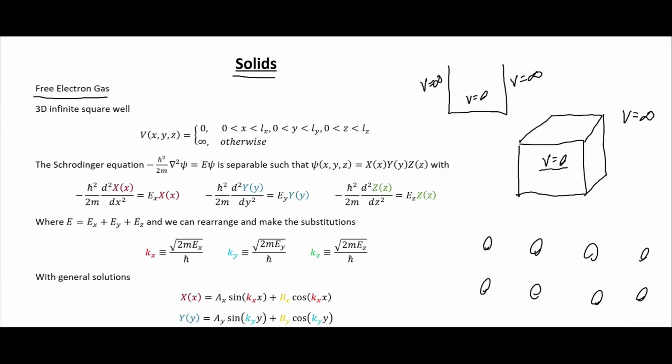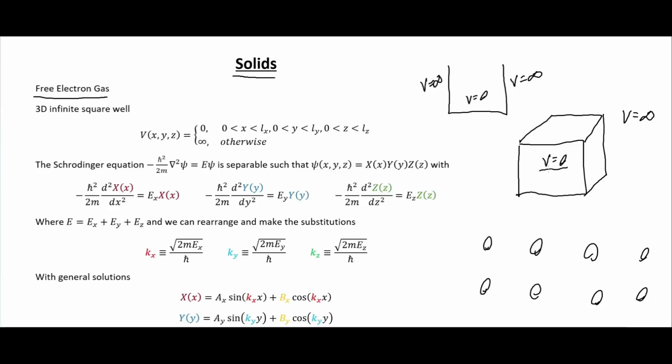Actually, in the future, probably when I'm done with this Griffiths book stuff, I'm going to do a playlist on materials modeling using density functional theory. So this is a bit of a prelude to that.